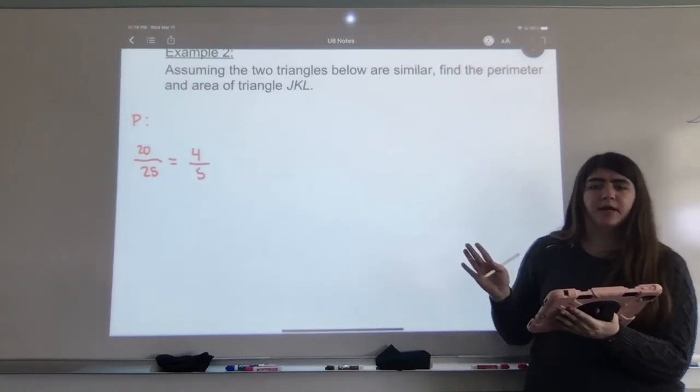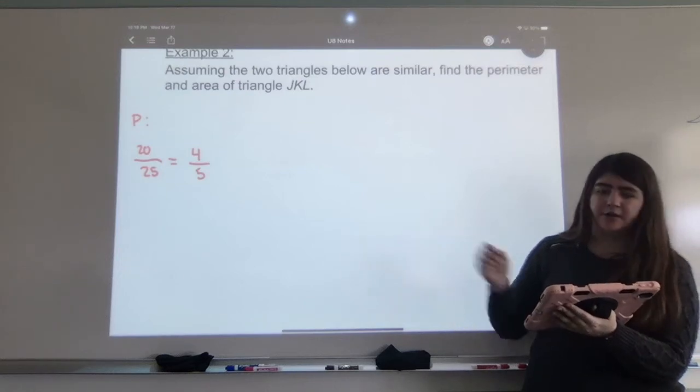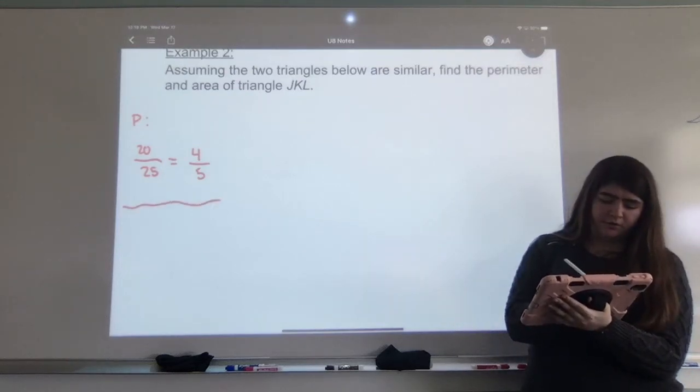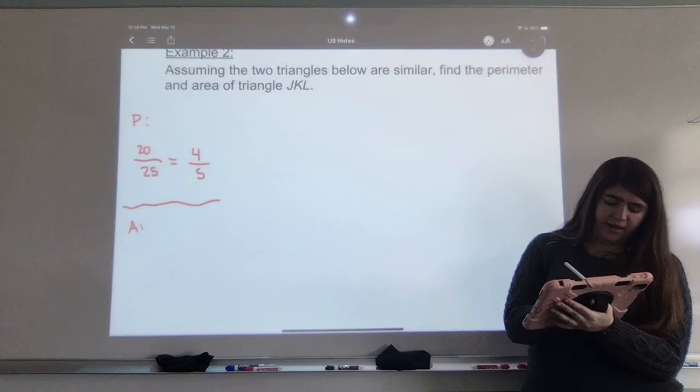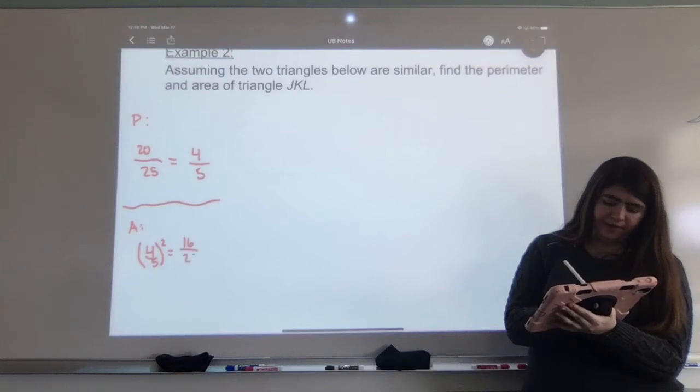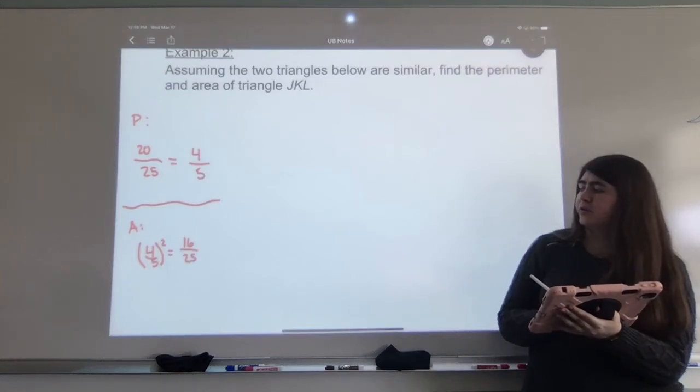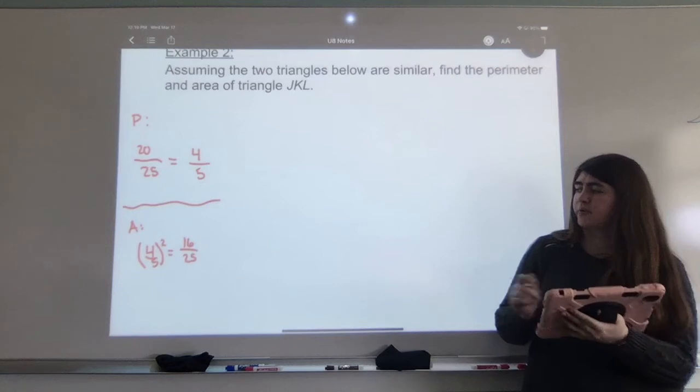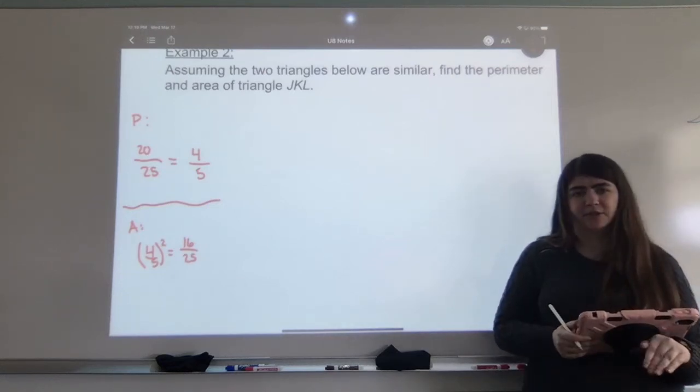And we might as well go ahead and just use that for area because we know we're going to need that. So for area, that means that we have 4 fifths squared, which is equal to 16 over 25. And both of those things are going to stay right where they're at because they don't have any common factors.